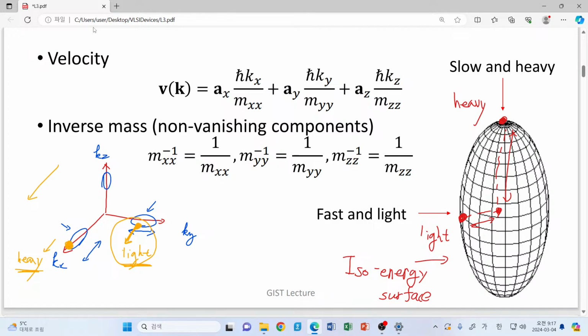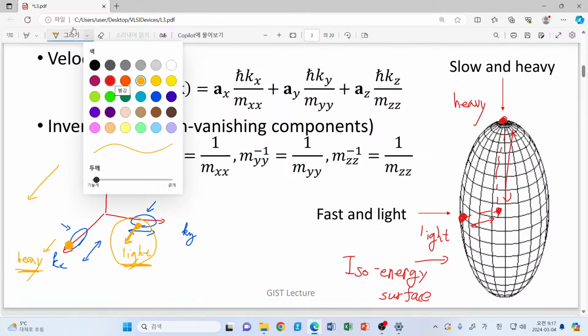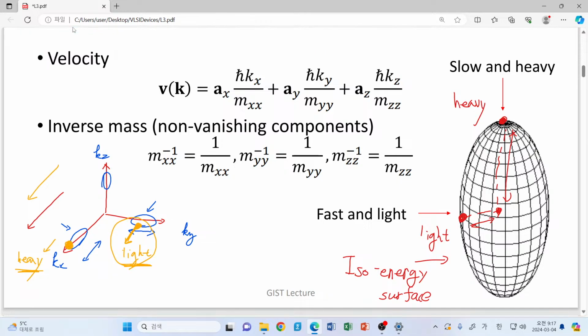So now we can think about an application of this understanding. For example, later we will see that there exists a certain transport direction of our electrons. Typically, you can consider a source of your transistor and the drain of your transistor, and your electrons are moving from source to drain direction.